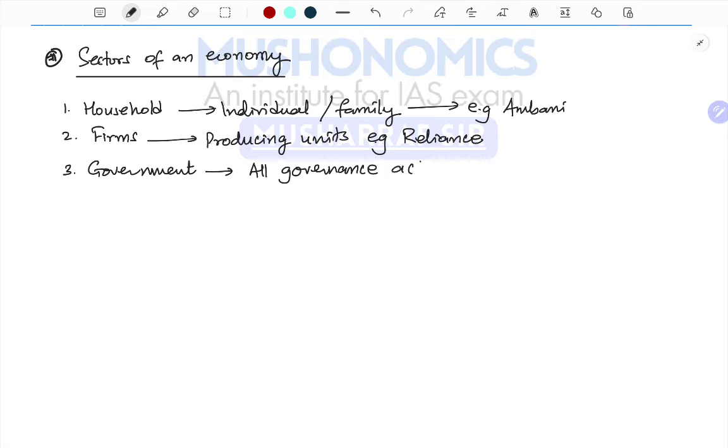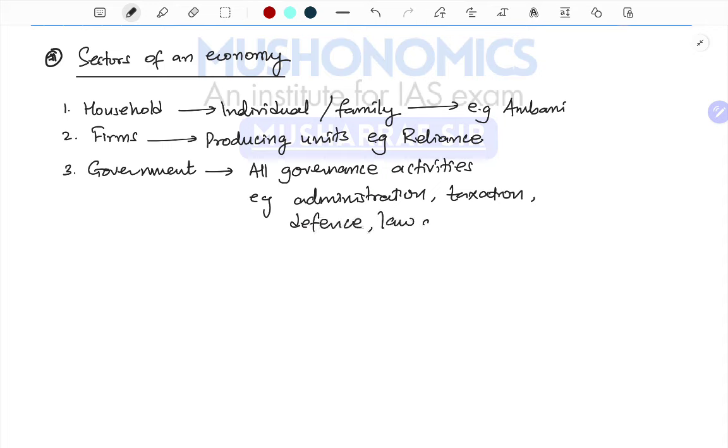All governance activities means, for example, administration at various levels, taxation, defense, maintaining law and order, etc. These are the governance activities, right?